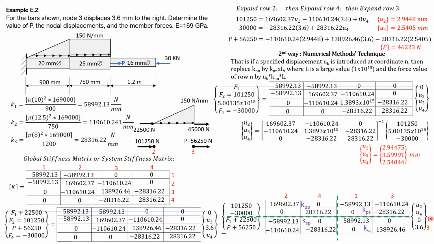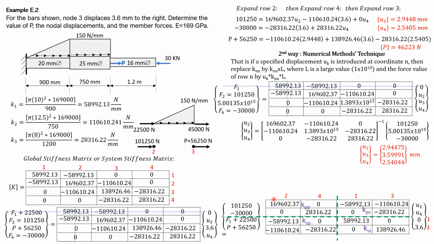So 2, 4, then the known displacements. For instance, row 1 has known displacement 0. Then row 3 has known displacement 3.6. So this is the arrangement. So 2, because U2 is unknown, 4, because U4 is unknown, then knowns at the last. So we know U1 is 0 and U3 is 3.6 specified.